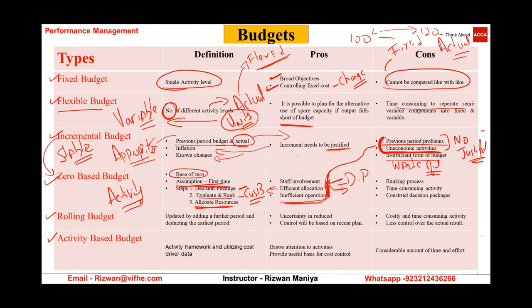But there are certain drawbacks, and the drawbacks include, yes, the ranking process may be subjective. Once you rank the activities, there comes subjectivity. We'll discuss that as well through the past paper question. So maybe ranking will be difficult, with so many activities, and you might not be able to rank accordingly.